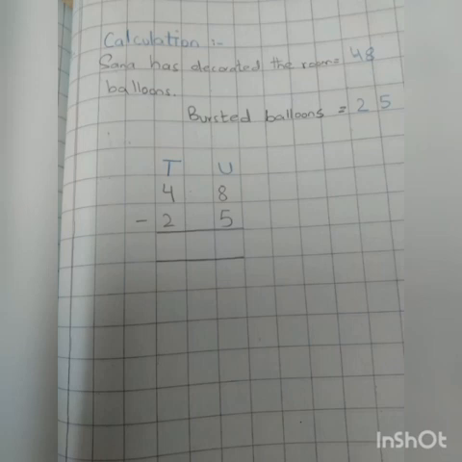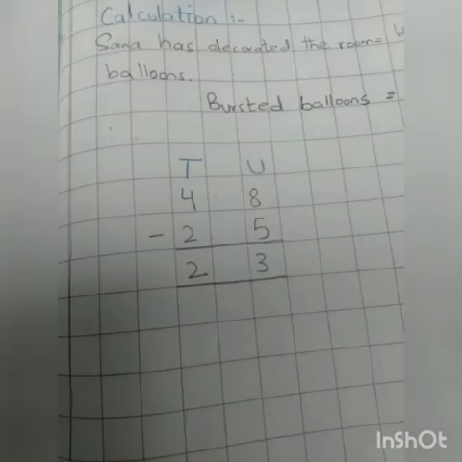So first we will do the calculation. Sana has decorated the room with 48 balloons and burst balloons were 25. Write tens and units. 48 minus 25. Now 8 minus 5 is 3. And 4 minus 2 is 2.